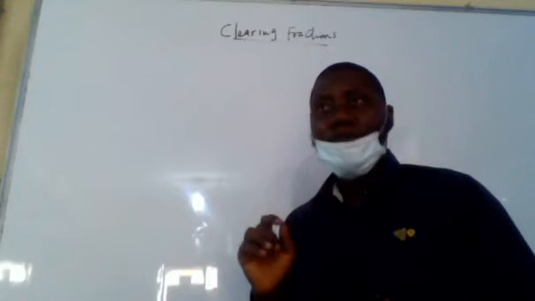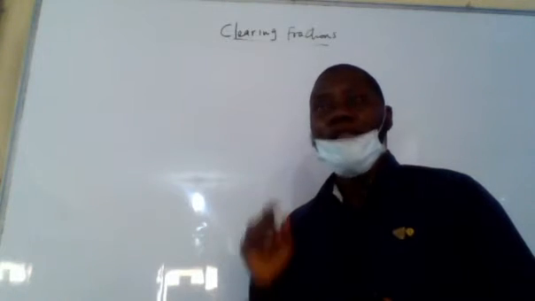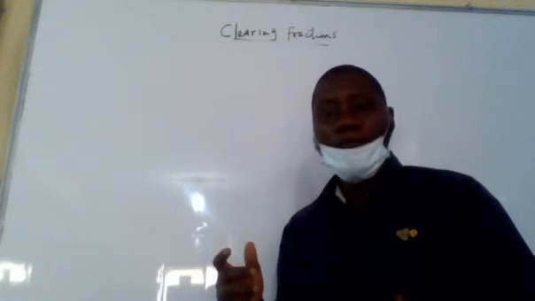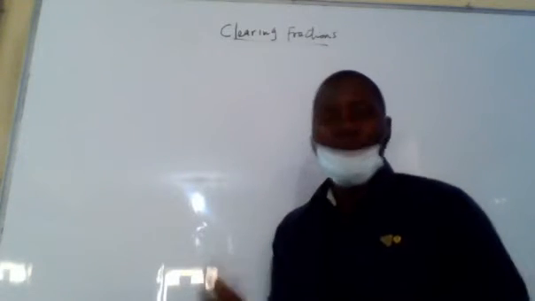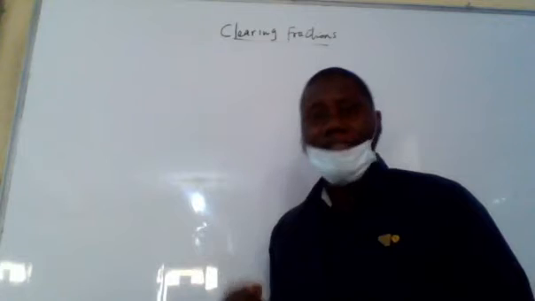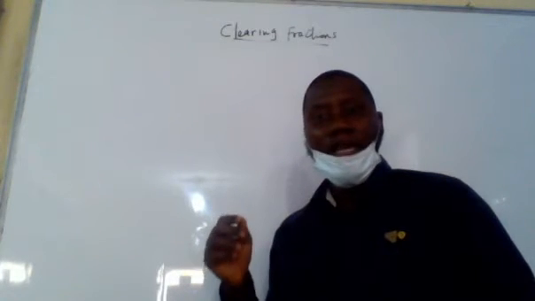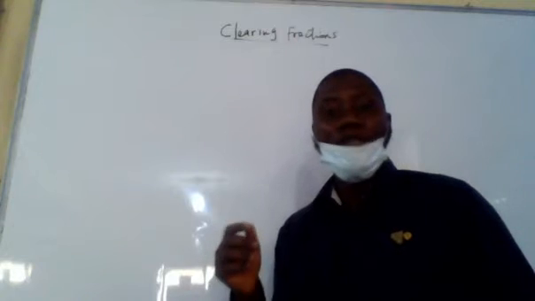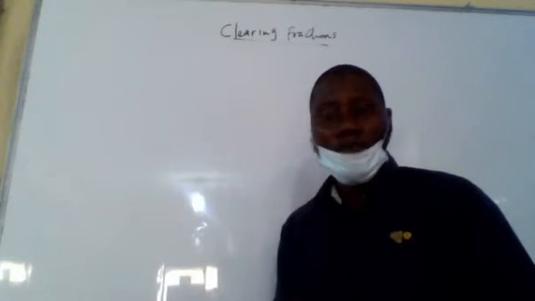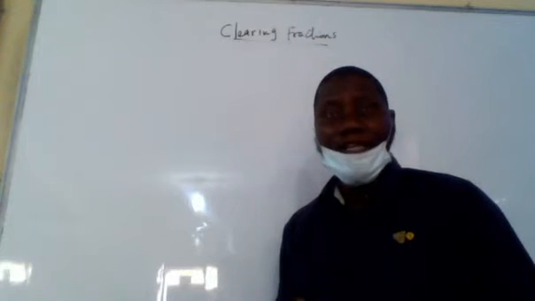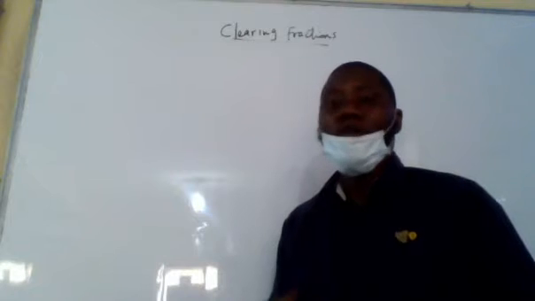Step 1, you identify the LCM, that is lowest common multiple, or you call it LCD, lowest common denominator. Number 2, you are going to use the LCM of the denominators to multiply through the given equation, and finally you are going to reduce the equation to find the unknown.